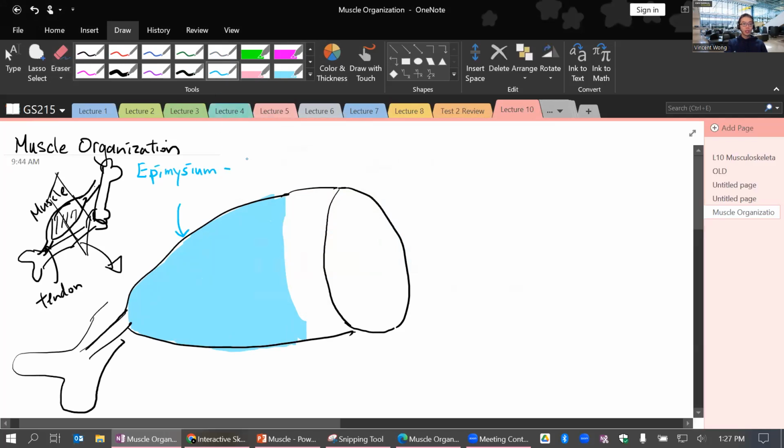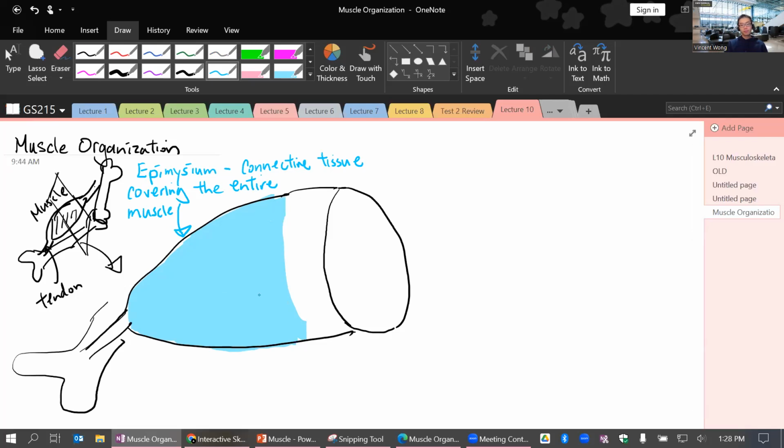Okay, and it is connective tissue covering the entire muscle. Okay, this blue membrane here covers the entire muscle. Okay. Just let me know if I'm going too fast. All right.